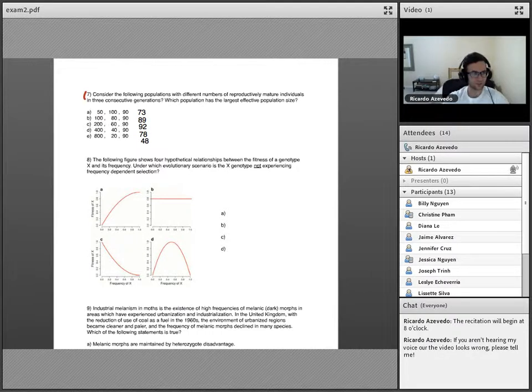All right, so as you can see, the highest one is the third one, this one, with an effective population size of 92.